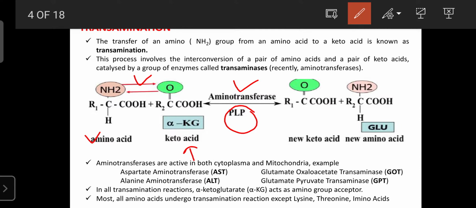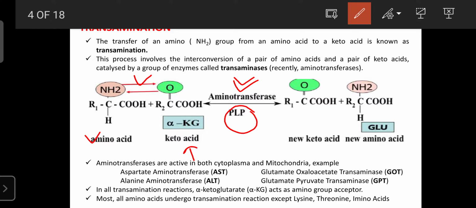So it is a complex. It consists of pyridoxal phosphate from vitamin B6. So this pyridoxal phosphate, or PLP, along with this enzyme, is helpful for the transfer of the amino group, because pyridoxal phosphate can accept the amino group first in the presence of the aminotransferase enzyme.